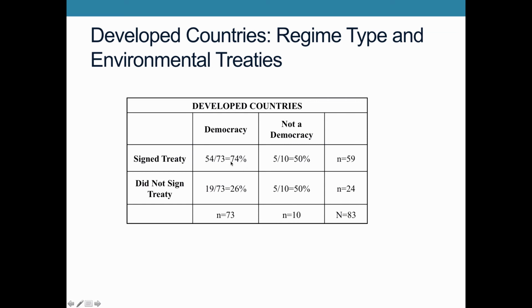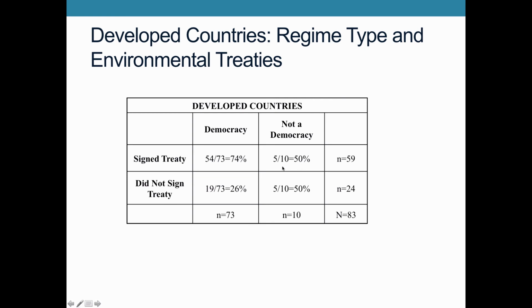So we see that there is this relationship that democratic developed countries are likely to sign the treaty. And in fact, this number is higher than what we saw earlier. It was higher than the overall data for democracies. And then here, it's the same proportion as what we saw before. Before it was 50-50, and likewise it's 50-50 for non-democracies.